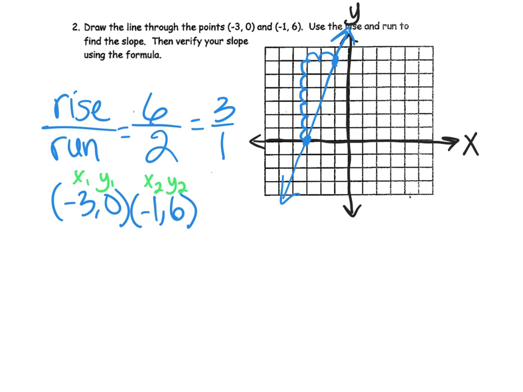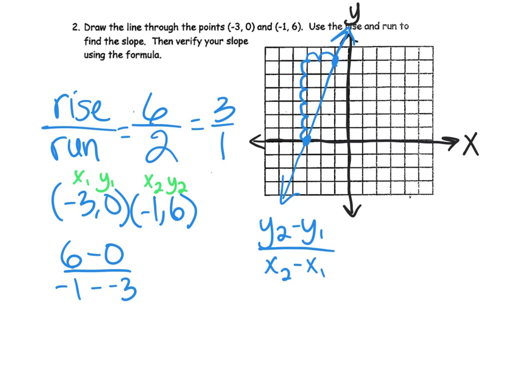So what you need to do, let's not forget, is y2 minus y1, look at the top of your paper, over x2 minus x1. 6 minus 0, over -1 minus -3, plus sign, 6 over 2. Hey, that's what we got the first time, 3 over 1. So we did it right. We did a great job.